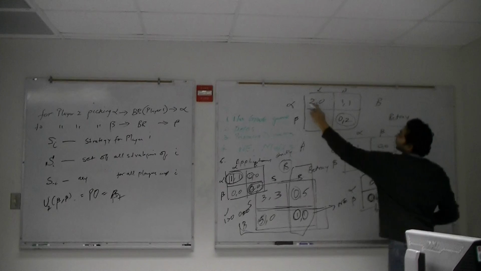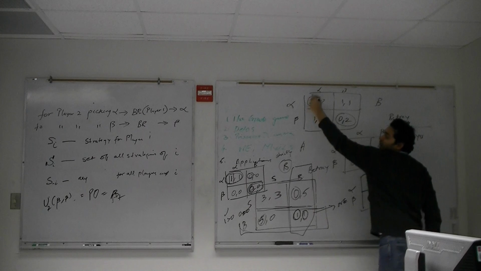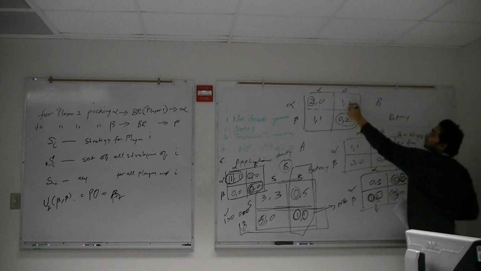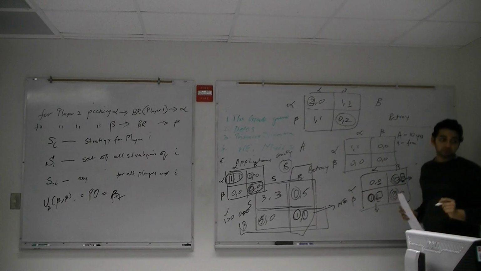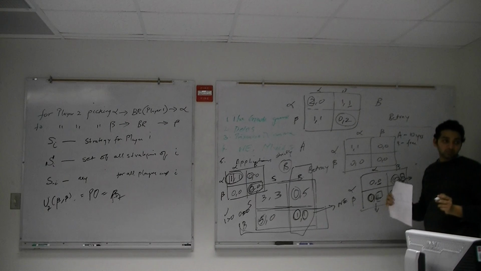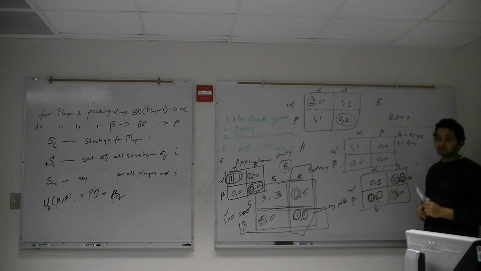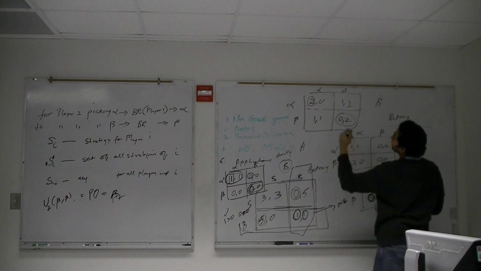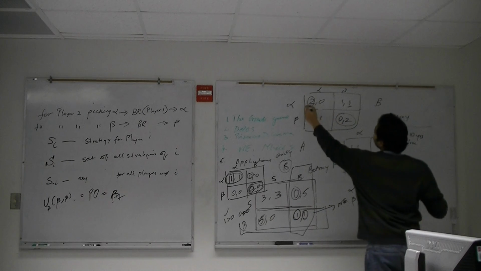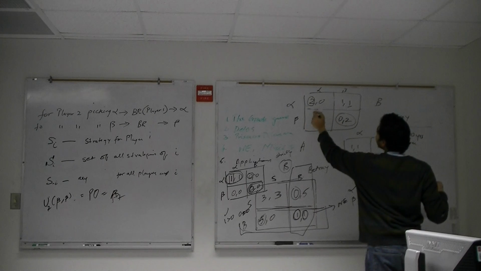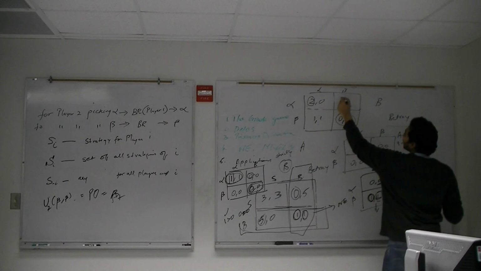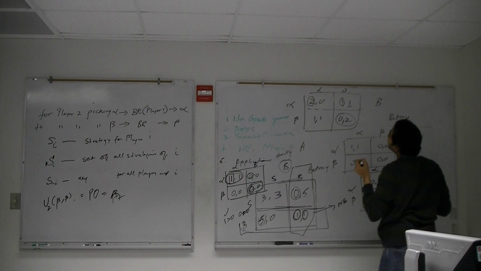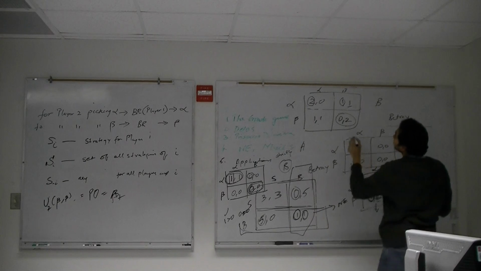Okay. So I get a higher payoff with 2, right? And player 2 gets a higher payoff with... Is that okay? And then it's the same thing this way. So I get a higher payoff with 1, right?